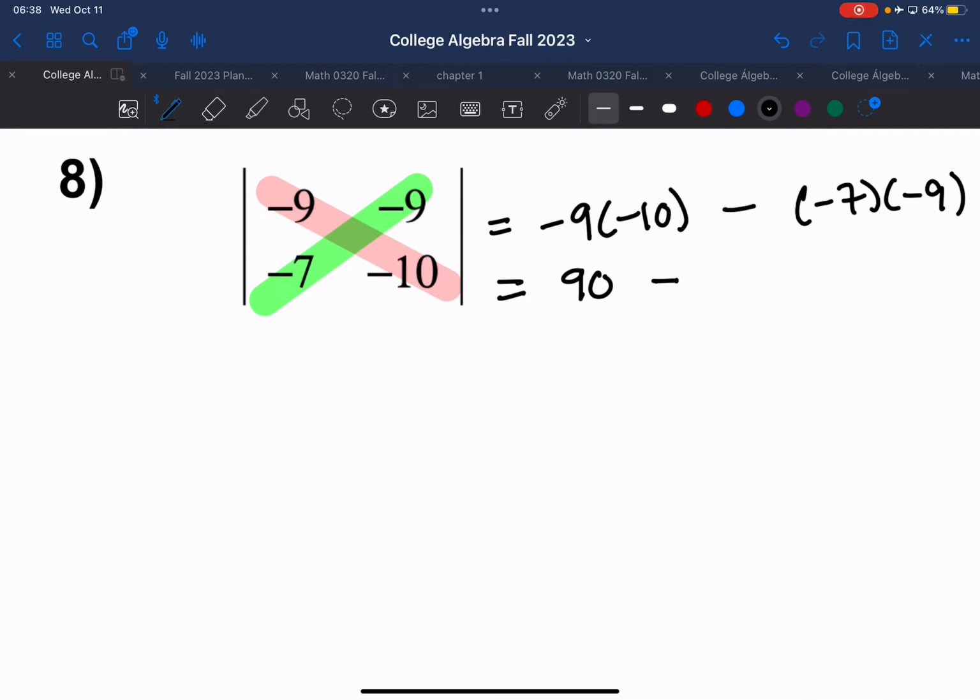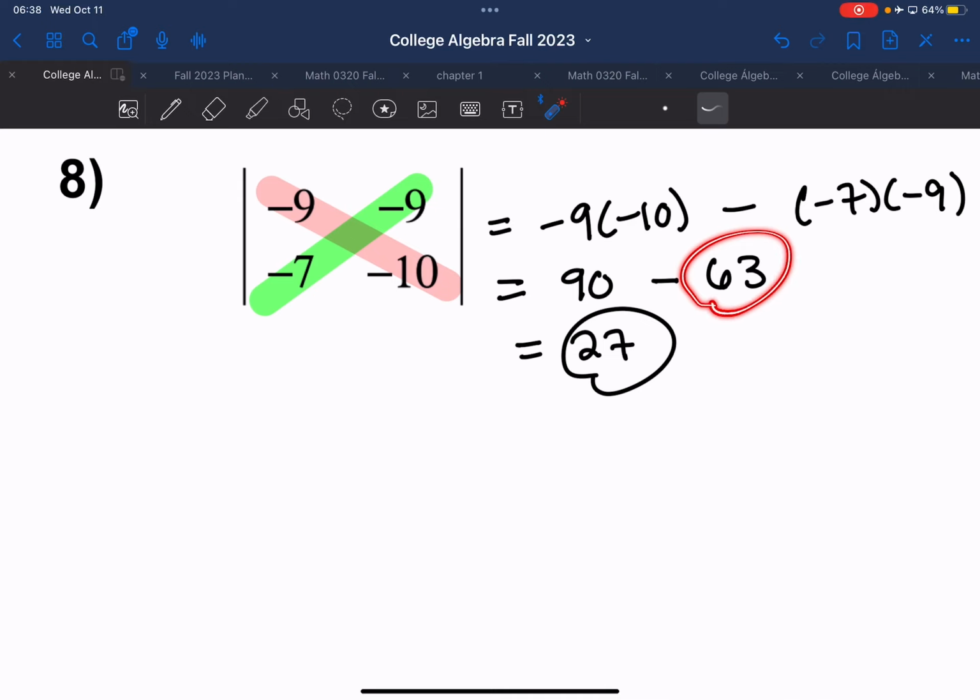Bring down the minus sign. -7 times -9 is positive 63. So then I do 90 minus 63, which gives me 27. So that's the answer to that determinant. In no way does that minus become a plus, unless this number 63 was negative, then we'd have minus a negative. Then that would be plus. But in general, with the formula, it's always negative.